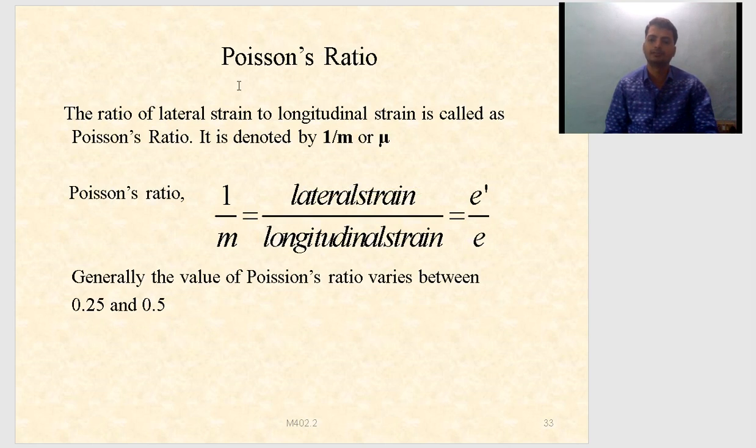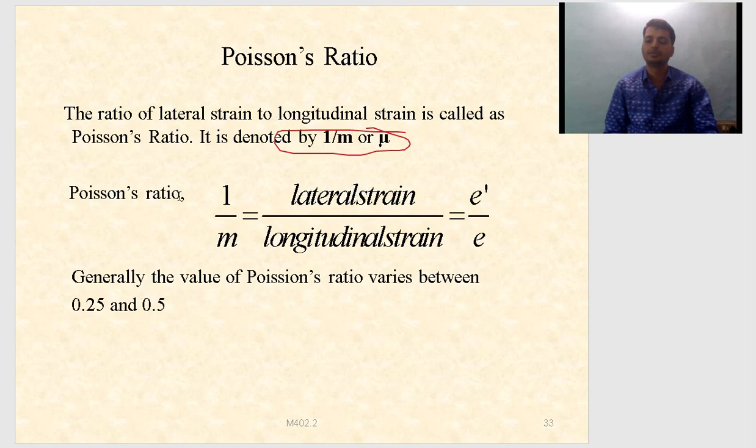Which is very important: Poisson's ratio. Every material has some Poisson's ratio. It is the ratio of lateral strain to longitudinal strain. Generally, it is represented as mu or 1 by m.